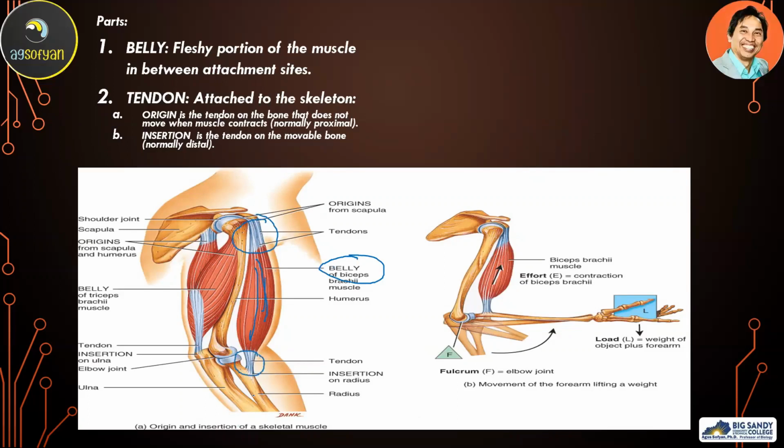The one that is attached to the movable bone is called the insertion. The tendon that is attached to the less movable bone is called the origin. So origin, belly, and insertion. These are the parts of the muscle that attach to our bone.